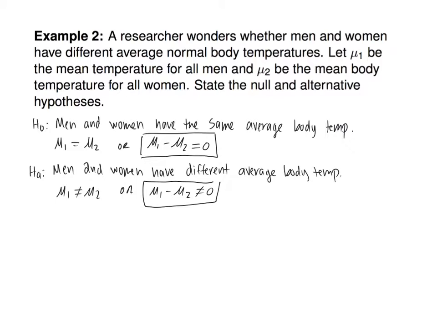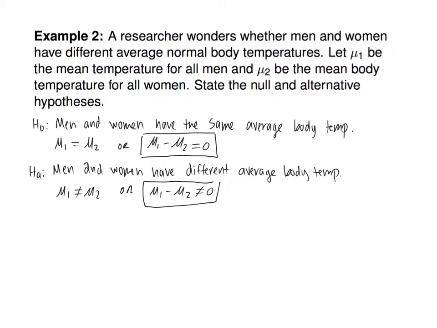Okay, is that all right? Okay, and what this is saying when they don't specify a direction is that that relationship could go either way. It could either be that men have a higher temperature or women have a higher temperature. Either one is possible, whereas the previous one, they really care about the direction.